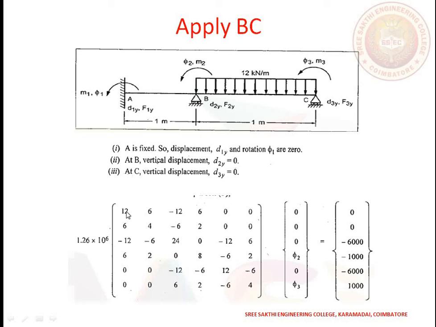This is 0, so you can eliminate the first row and first column. Then the second row is also 0, so the second row and second column should be eliminated. Similarly the third row and third column, then the fourth and fifth row and column are eliminated. The remaining terms are 8, 2, 2 and 4.